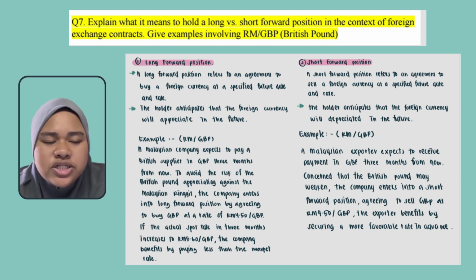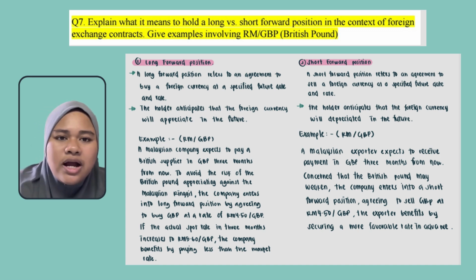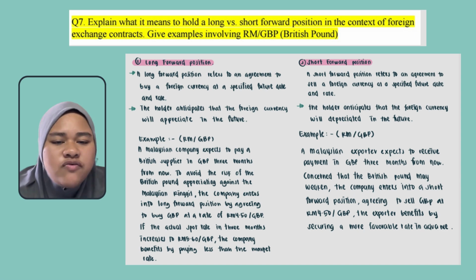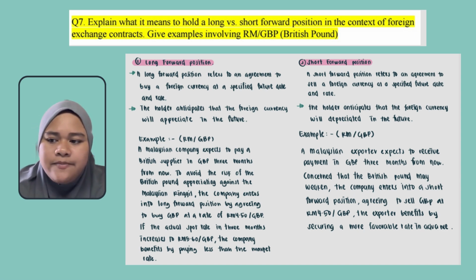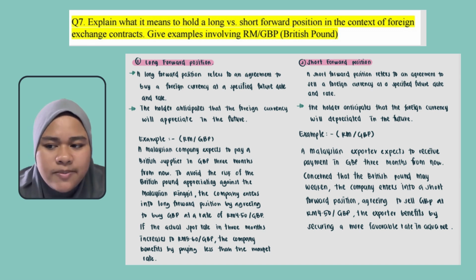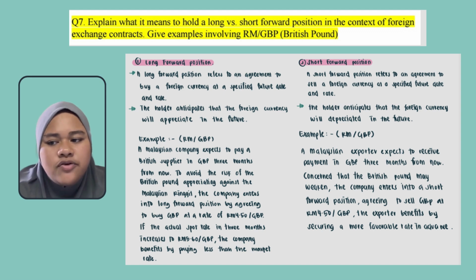The other one is the short forward position. It refers to an agreement to sell a foreign currency at a specific future date and rate. The holder anticipates that the foreign currency will depreciate in the future.